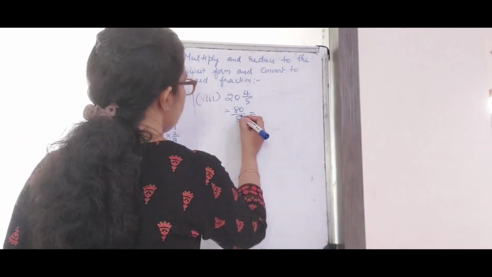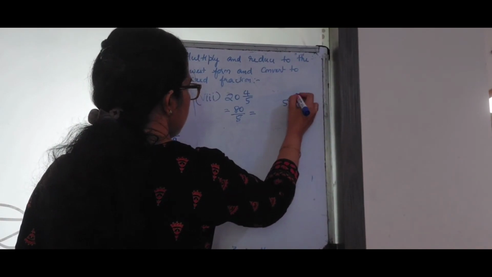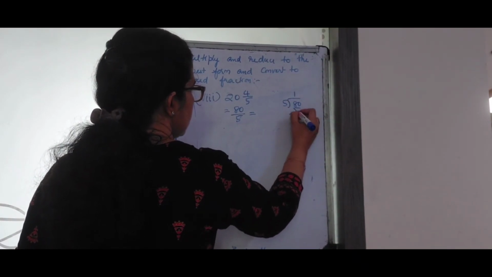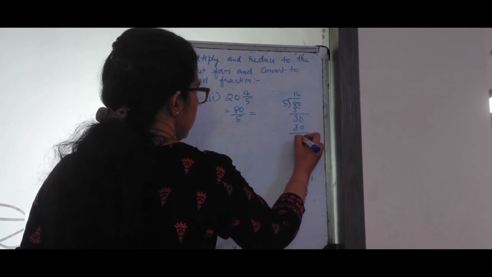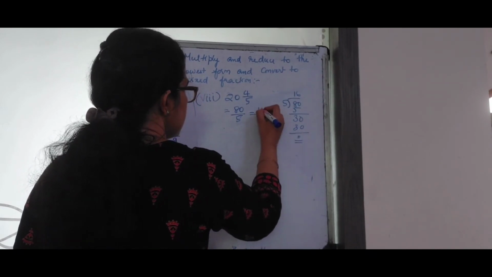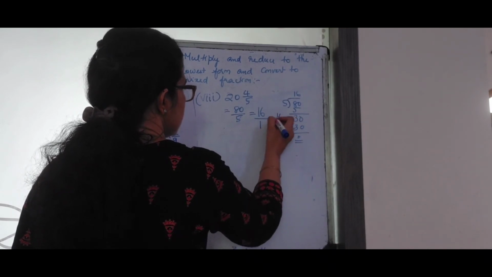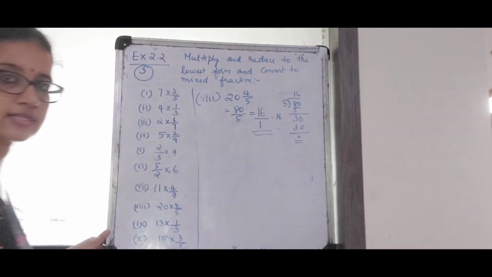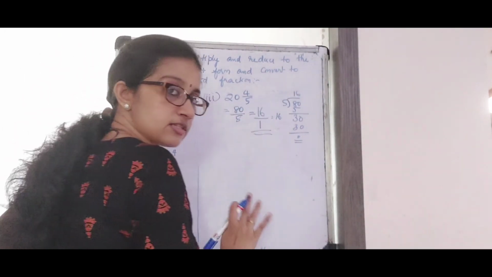So what is 80 by 5? 1 5 is 5. 6 5s are 30. So answer is 16 by 1 or 16. 16 by 1 is the fraction form and it is equal to 16.